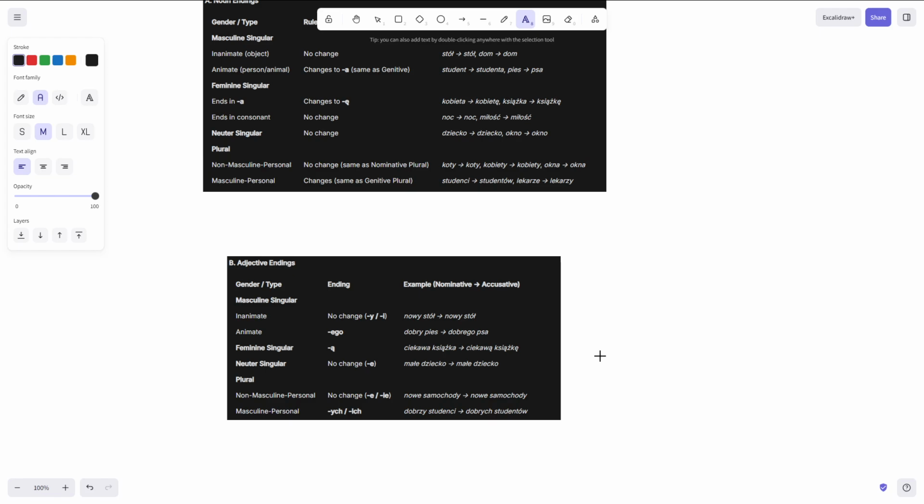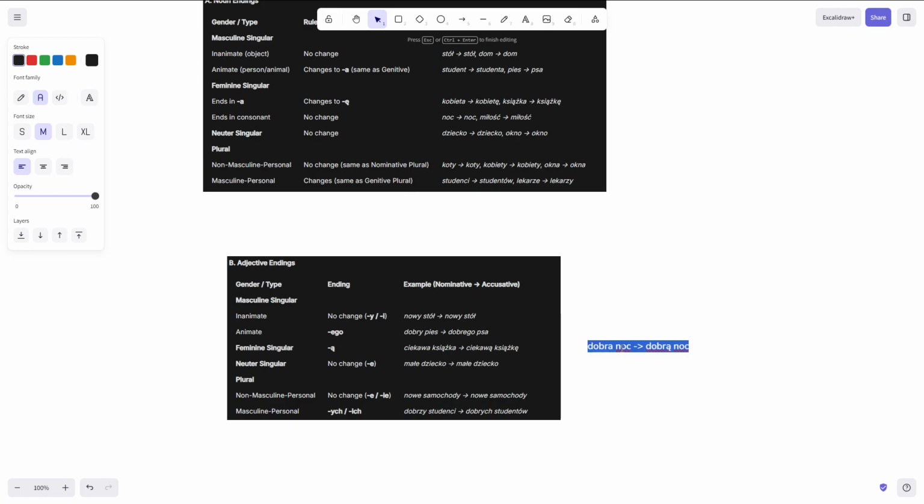But be careful because, for example, night, which is also a feminine noun, does not change. There was a distinction for nouns earlier that if they end in a consonant, there is no change. But the adjective always changes, okay?